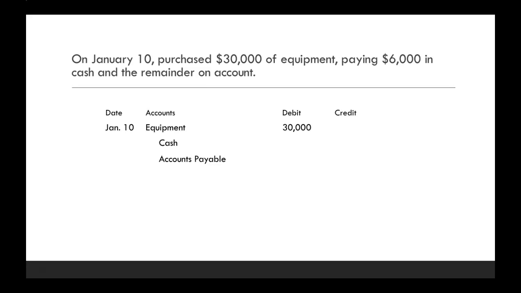That's how much this equipment was worth. The cash, that's the $6,000 in cash that we paid when we made this purchase. And then it told us the remainder on account. Well, we still owe $24,000. So we want to credit our accounts payable for that $24,000. And you'll notice your total debits still equal your total credits.